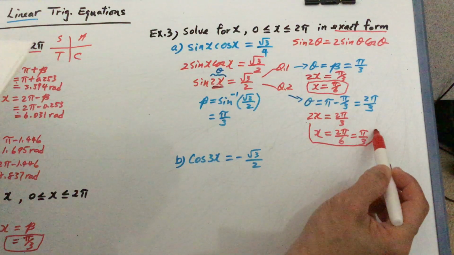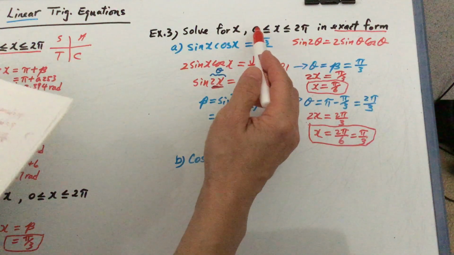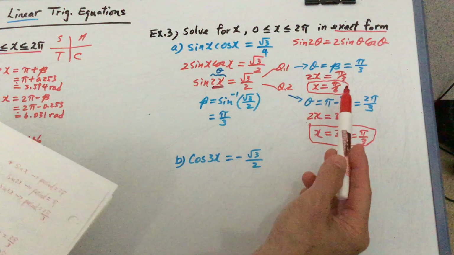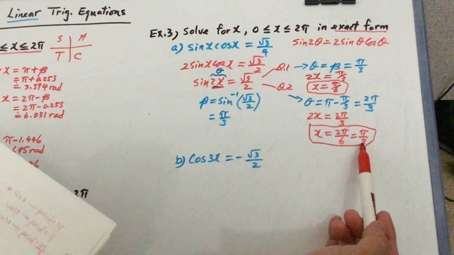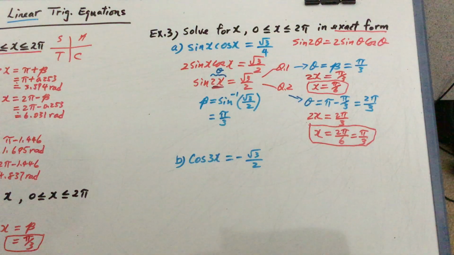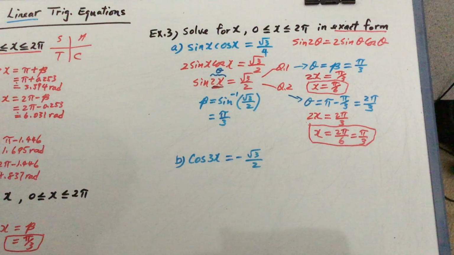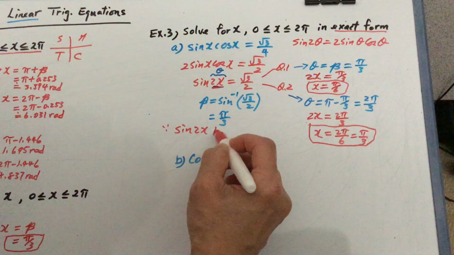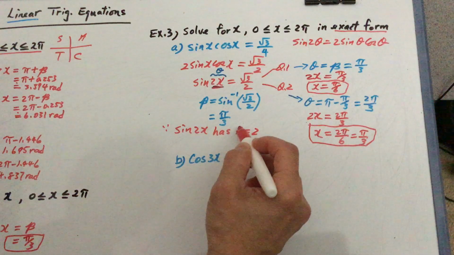Why? Well, because the given domain here is between 0 and 2 pi. And think about this, this is only 30 degrees, and this is only 60 degrees here. If you look at the sine of 2x, the tricky part here is that since it is 2x, the k value is equal to 2.